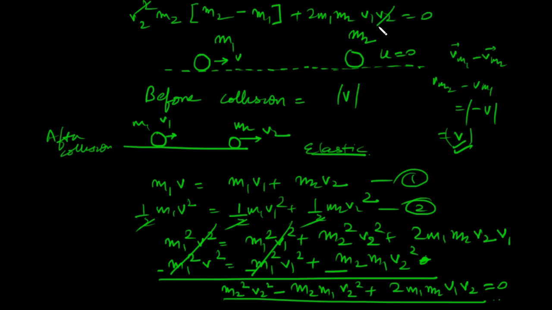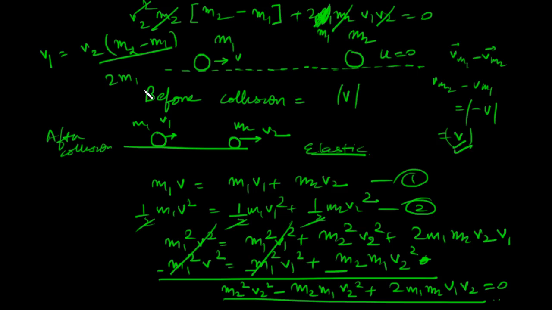v2 will be common and get cancelled, and m2 will be cancelled too, so m1 is here. So we have v1 equal to v2 times (m2 minus m1) by 2 m1.